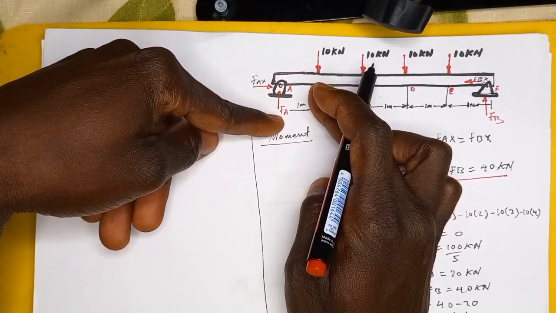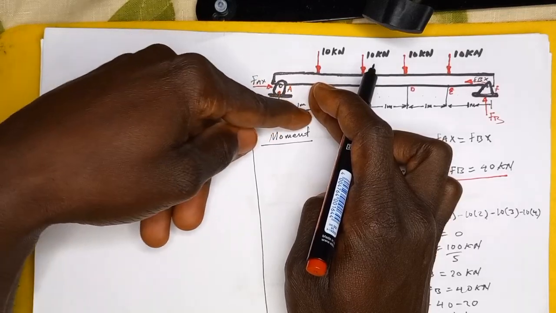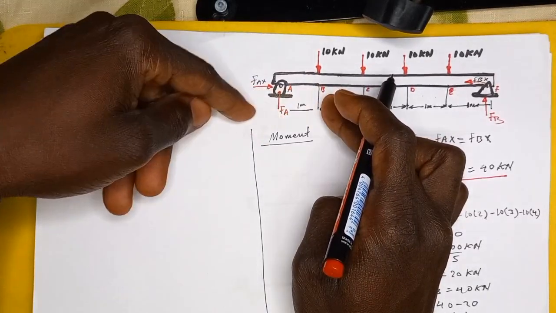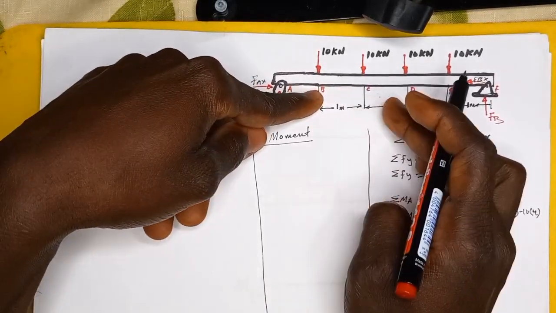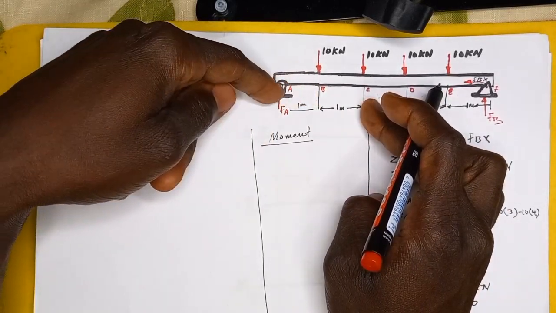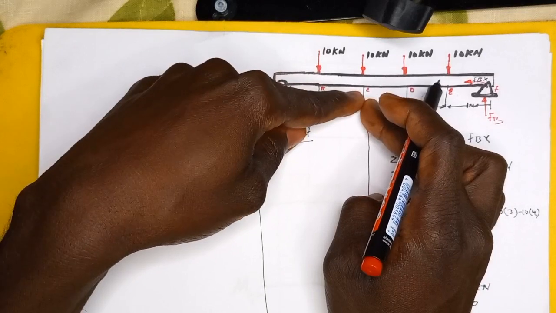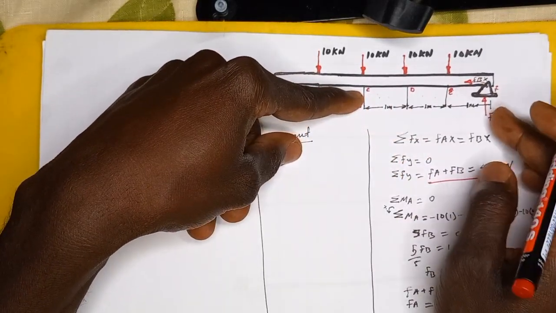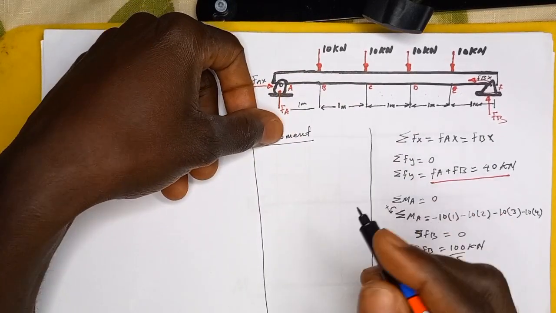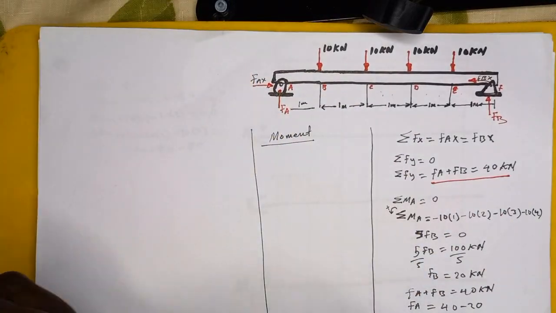And that force is FA. So we're going to multiply FA by the distance away from this point B here, right? That is going to be the moment about point B. And about point C, we're going to multiply these two forces that are on the left of point C. We're going to continue like that until we reach the force F here, right? So now let's try to take the moment about each of these points.